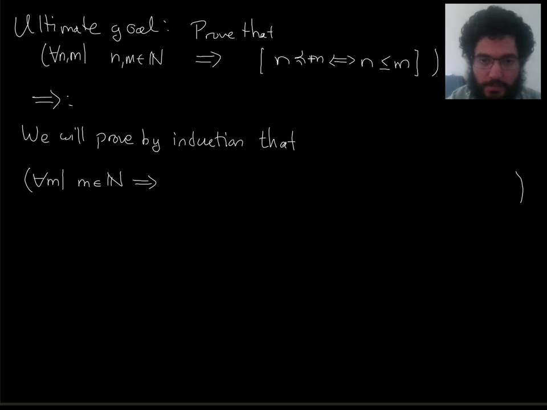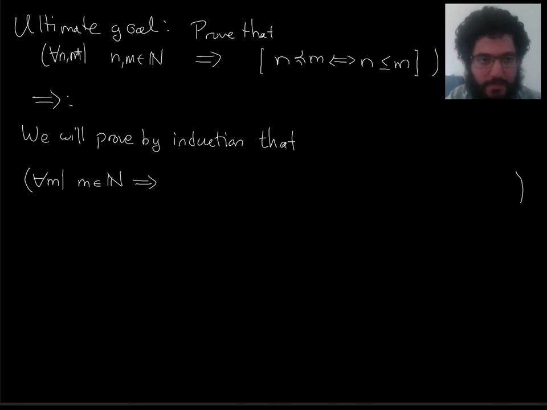Now, I told you I'm going to do induction on the variable m, on this variable, but you might expect, if I'm going to do that, that I would fix n and then write down what I'm going to prove by induction on m. No, instead I'm going to put a for all n in the statement that I'm going to prove by induction.